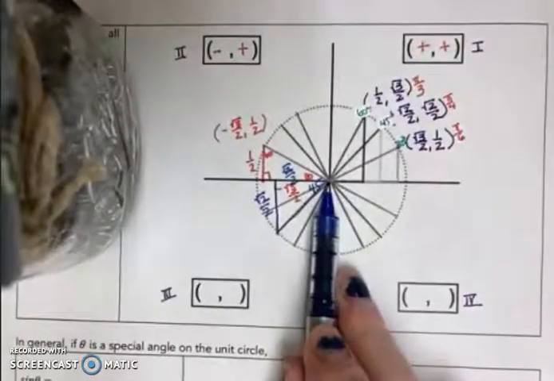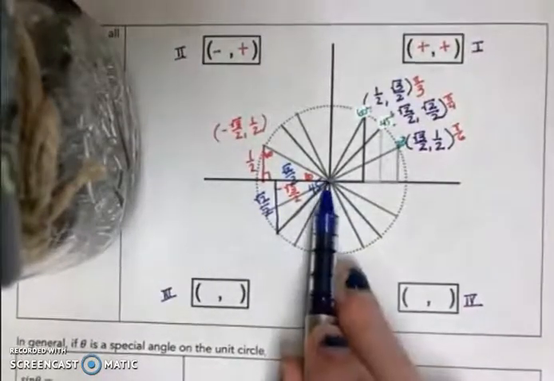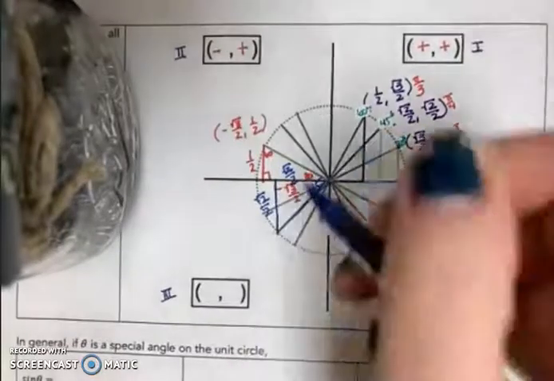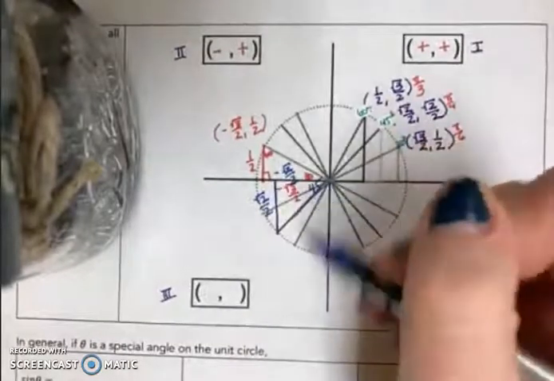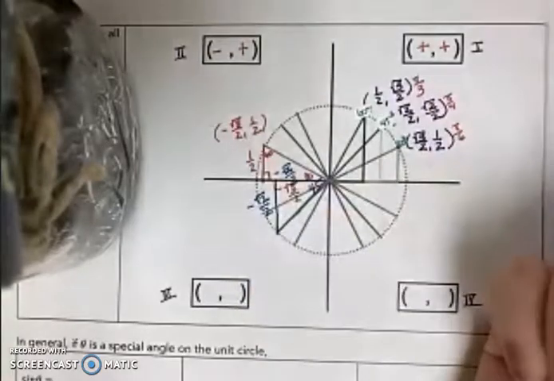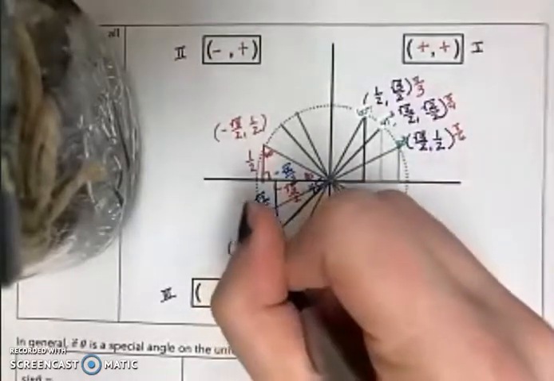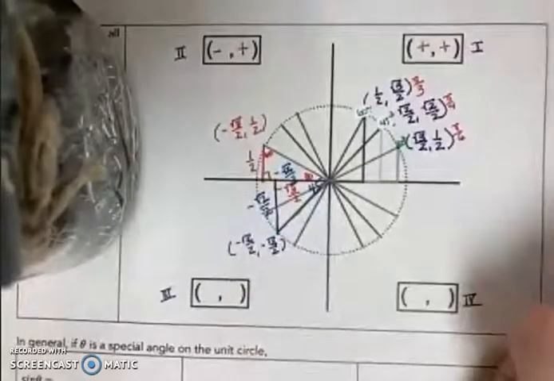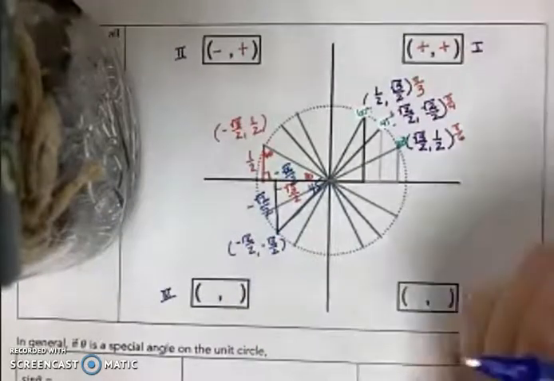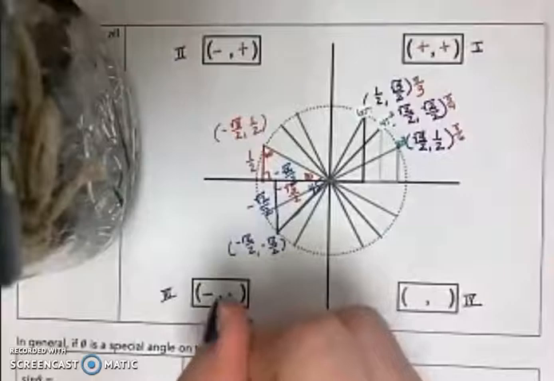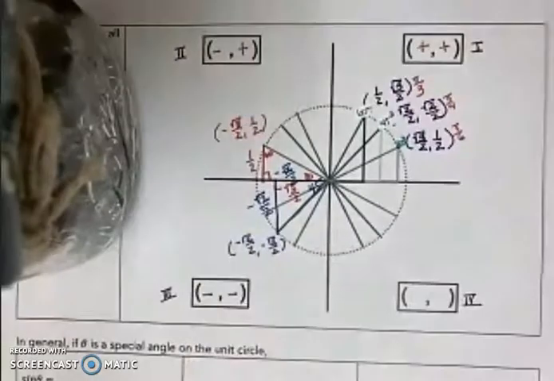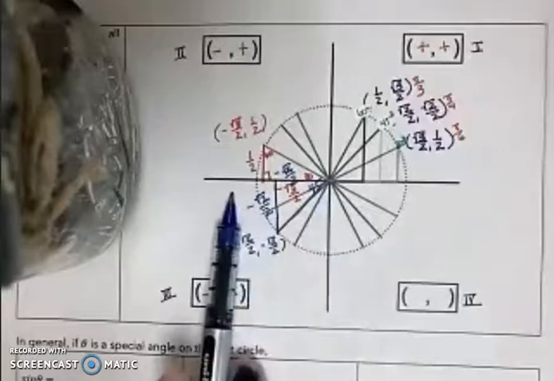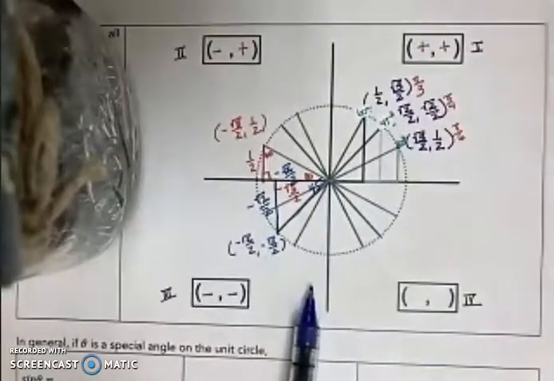For getting from this point to this point, I've moved left and down. Left is a negative movement, so that'd be a negative root 2 over 2. Down is a negative movement, so that'd be a negative root 2 over 2. So the coordinate would be negative root 2 over 2, negative root 2 over 2. So both the x and y value will be negative in the third quadrant. And think about it, that would make sense. This is the negative x-axis. This is the negative y-axis.